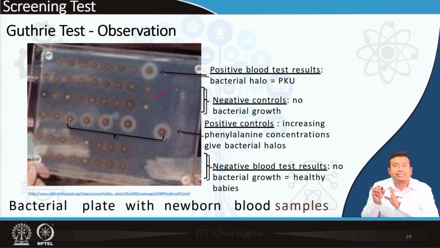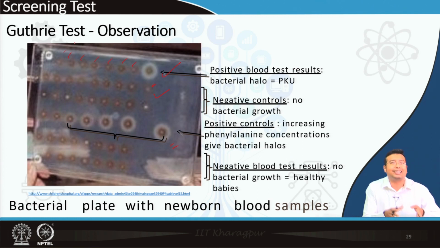In the case of the sample, you see over here it is showing a halo which can be compared to the positive control, right. So, this is a patient who has shown a positive result for phenylketonuria. Mind it, these are all samples from individual patients, right.